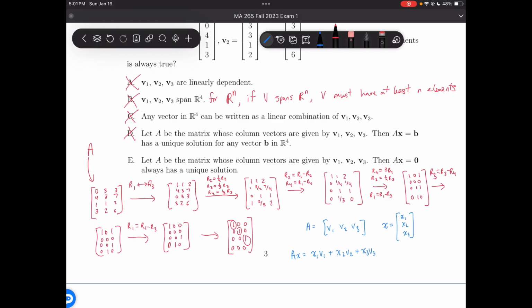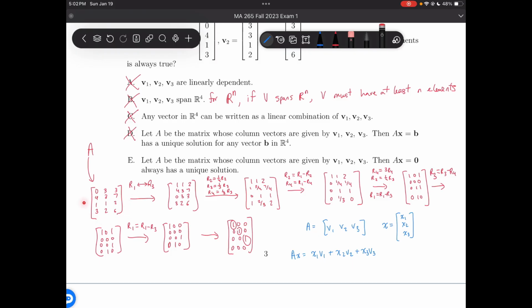Okay, so we know that the way we determine whether Ax equals 0 has a unique solution is we need to row reduce A first, and if the row reduced echelon form has pivots in each column, that means that there's a unique solution.